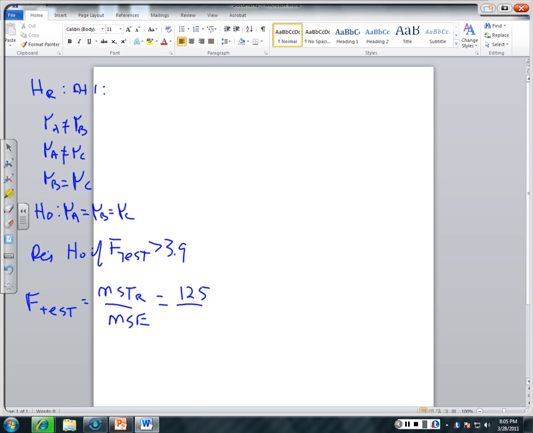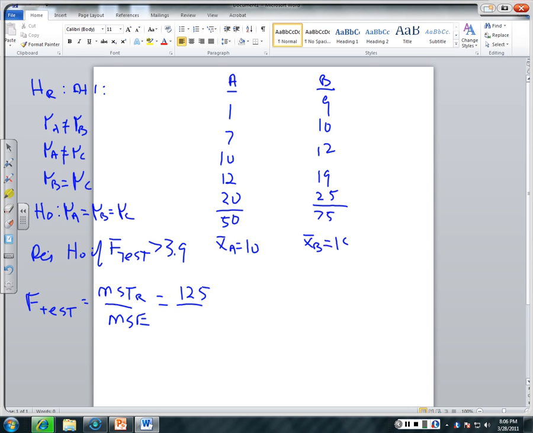So now what we have to do to get the rest of this problem is compute the three variances and get the MSE. So I'm going to write down the numbers that we have now. Remember, x bar A was equal to 10. X bar B was equal to 15.